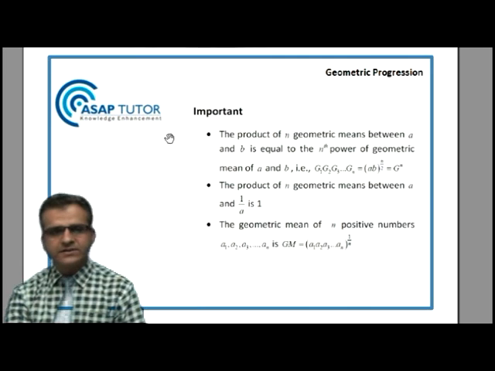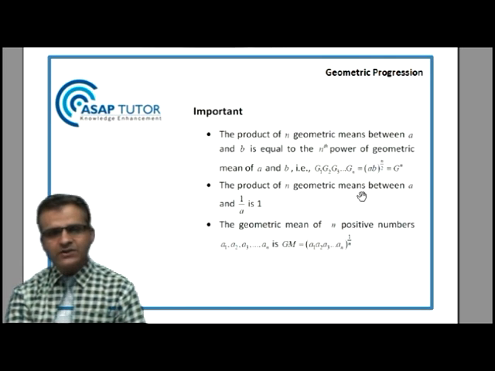Now some important facts related to the geometric mean. The product of n geometric means between a and b is equal to the nth power of the geometric mean of the two numbers a and b. That is, if we insert n geometric means G1, G2, G3 and so on up to Gn, then G1 into G2 into G3 and so on up to Gn will be equal to (ab) raised to the power n by 2, which is equal to G raised to the power n.